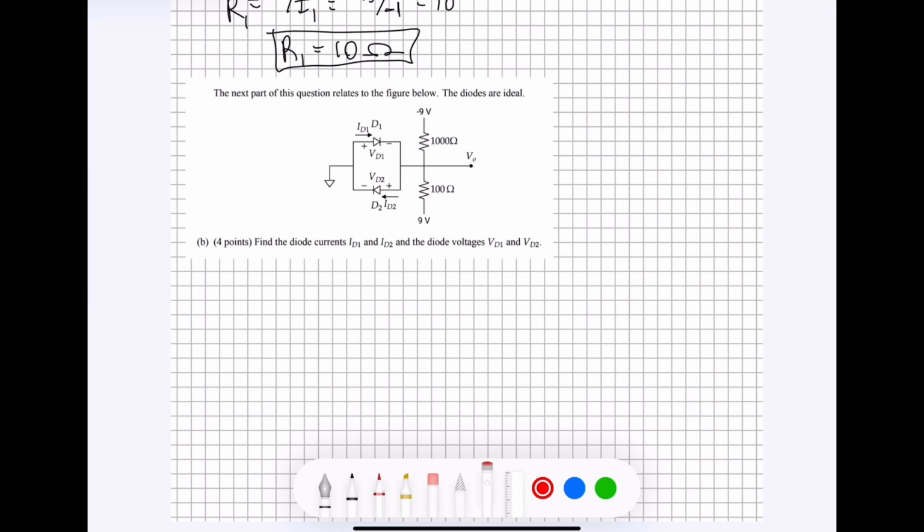In addition to that, as I said earlier, if either of the diodes is turned on, the diode voltage across that diode must be equal to 0. These voltages are also equal to each other but opposite in sign. But if one of them is equal to 0, that means that the other one is also equal to 0.